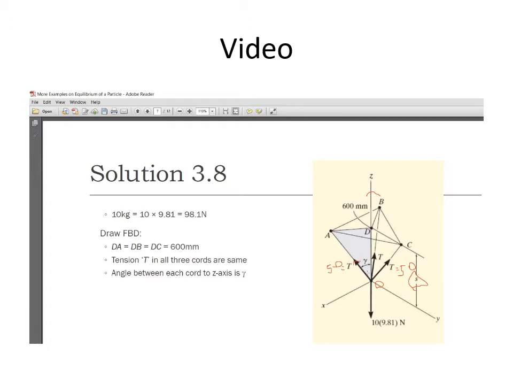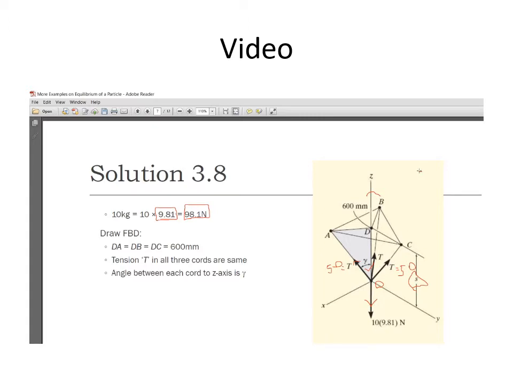We need to also calculate the gamma angle and the weight force of the lamp. So for calculating the weight force of the lamp, we need to multiply 9.81 with the weight of the lamp. So the answer is 98.1 Newton, which is actually acting downward in the z axis.